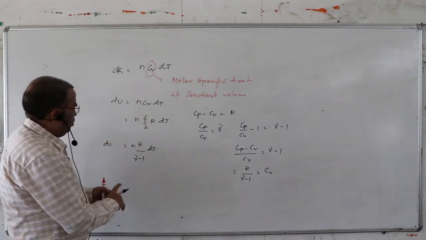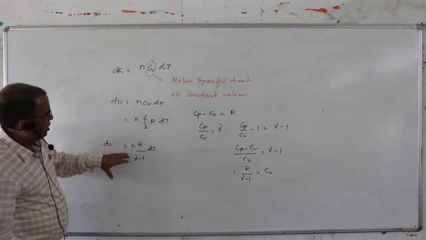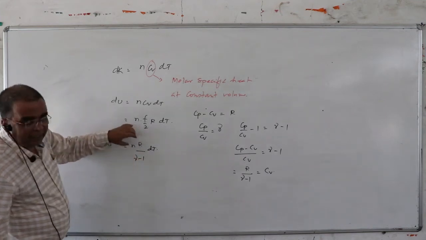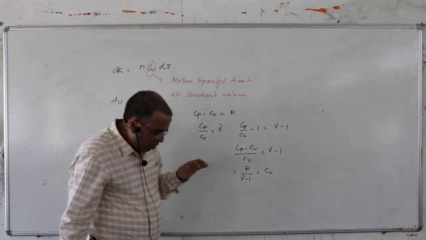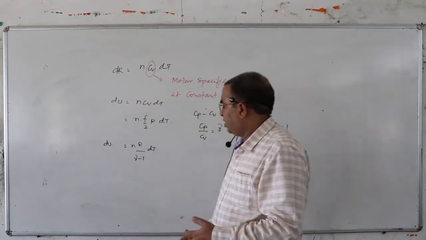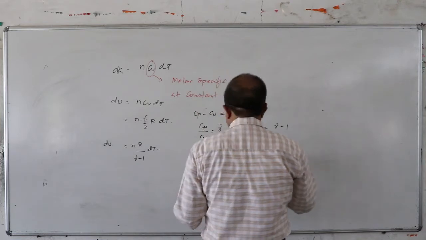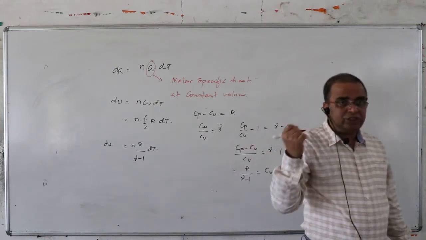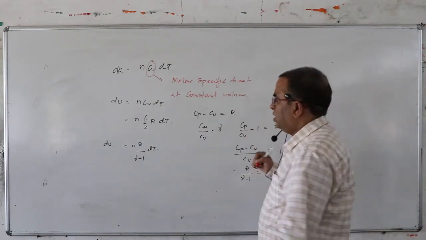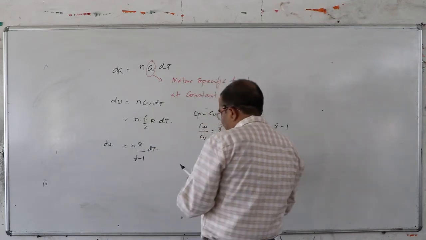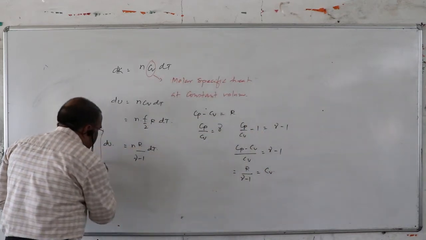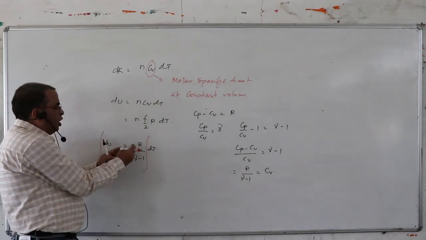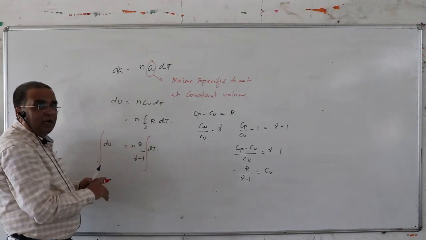Now, what is the benefit of this? Here n is the number of moles of the gas, R is the universal gas constant, and dT is the change in temperature. If the system is taken from temperature T1 to T2, we can get the change in internal energy by integrating dT, because except temperature all others are constants, so they are taken out of the integration.